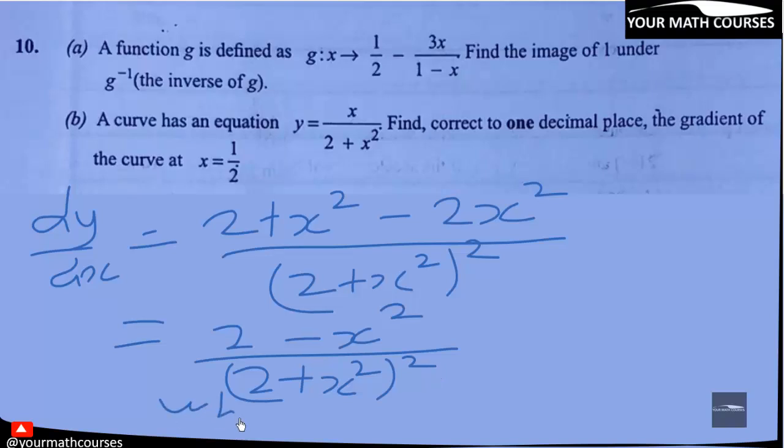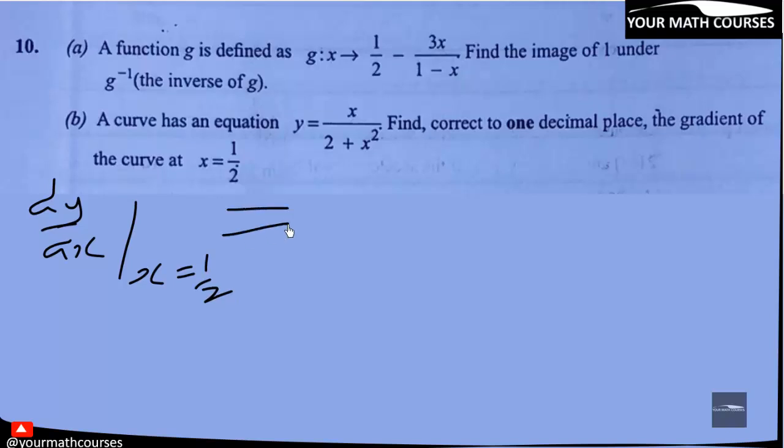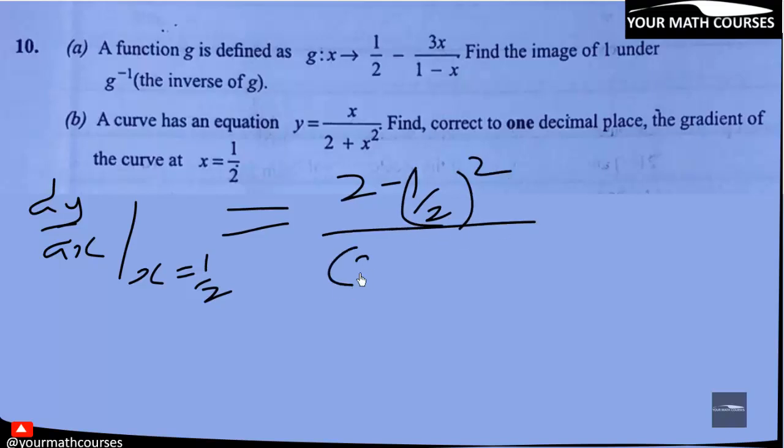So when x is equal to 1 over 2, we will obtain 2 minus (1 over 2) squared. So dy dx at x equal 1 over 2 is equal to 2 minus (1 over 2) squared all over (2 plus (1 over 2) squared) all squared.